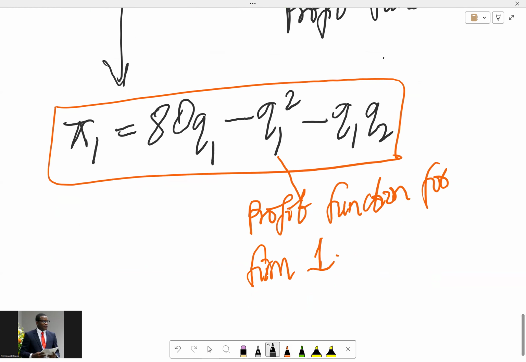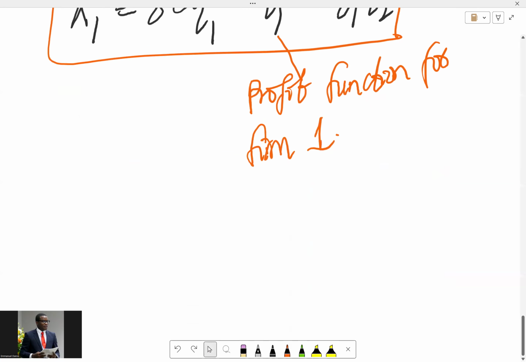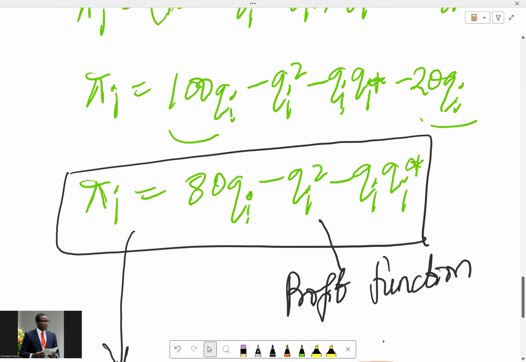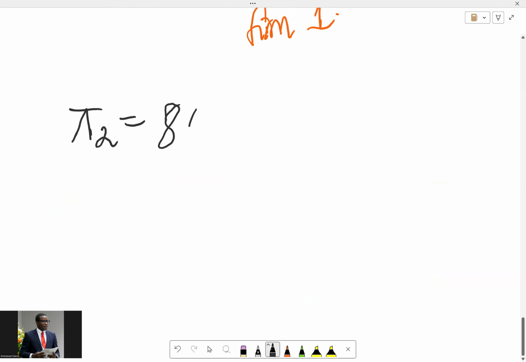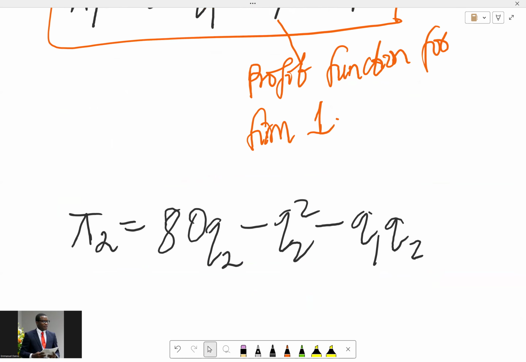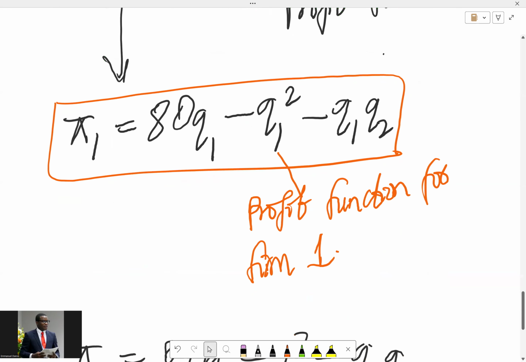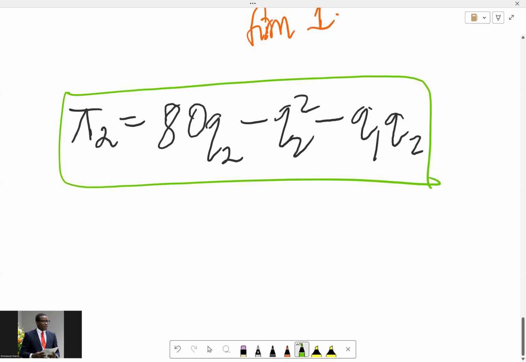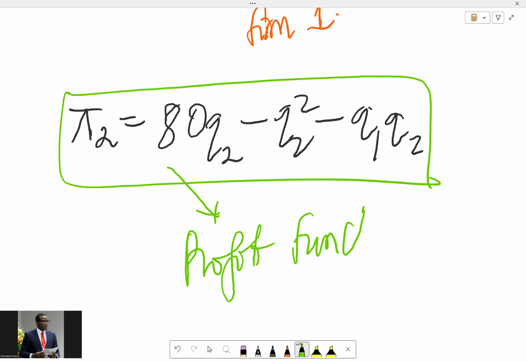Okay, so we can do the same thing for firm 2. So for firm 2, pi 2 will be equal to 80 Q2 minus Q2 squared minus Q1 Q2 again. So this is the profit function for firm 2. All right.